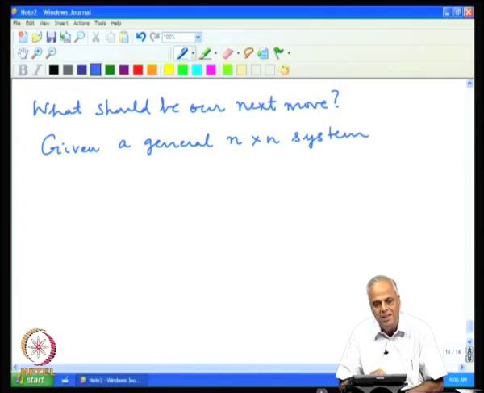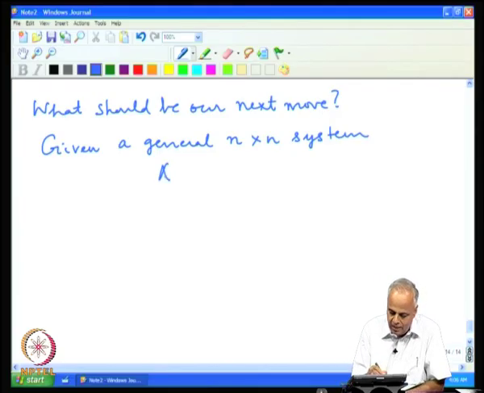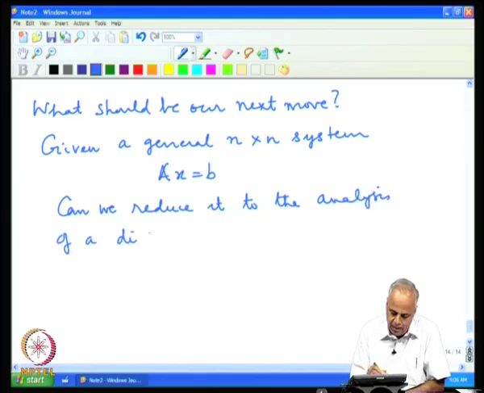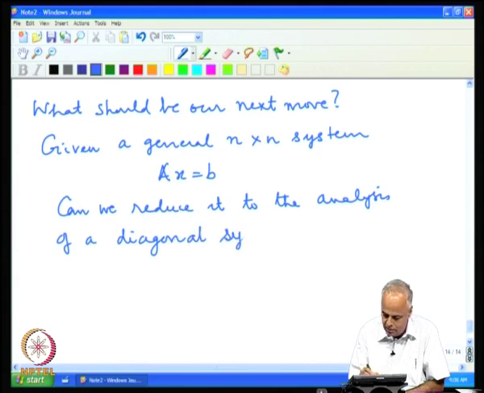So, given a general n by n system Ax equal to b, can we reduce it to the analysis of a diagonal system?